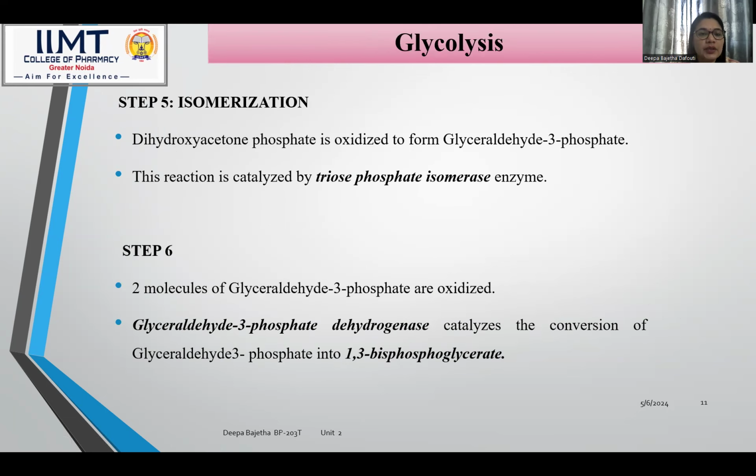And the fifth step is called isomerization. Dihydroxyacetone phosphate is converted to form glyceraldehyde 3-phosphate. This reaction is catalyzed by the enzyme triose phosphate isomerase. Step 6: two molecules of glyceraldehyde 3-phosphate are oxidized and converted into 1,3-bisphosphoglycerate.